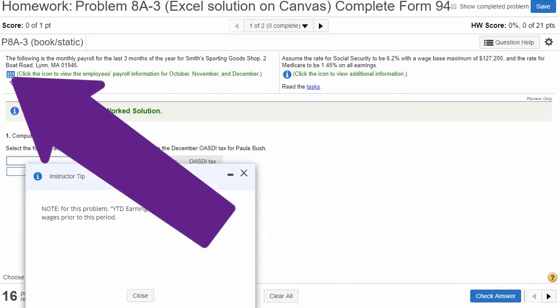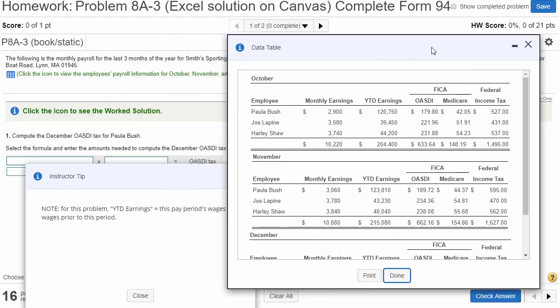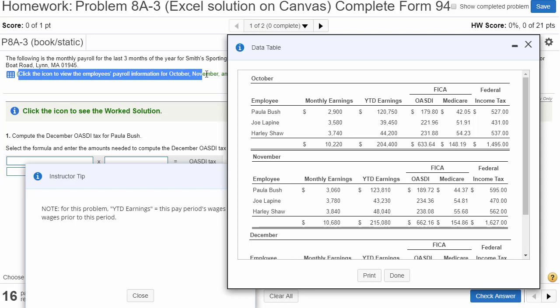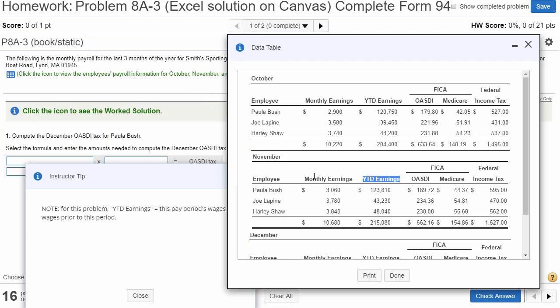We need to open up one of our windows. So this window, as it says, has the employee payroll info for October, November, and December. So here's October, here's November, here's December. So let's look at this YTD earnings.